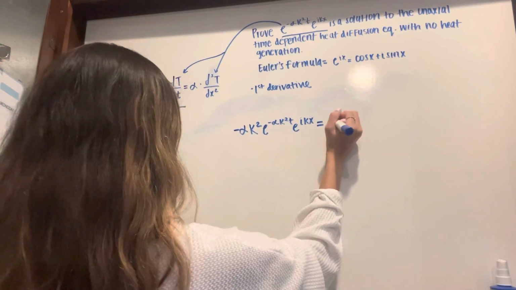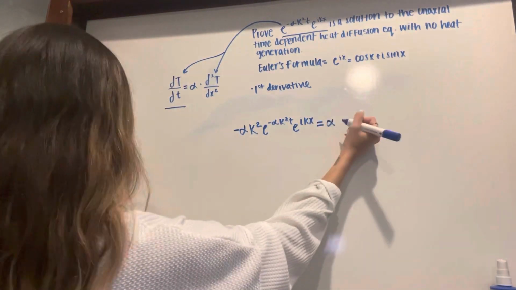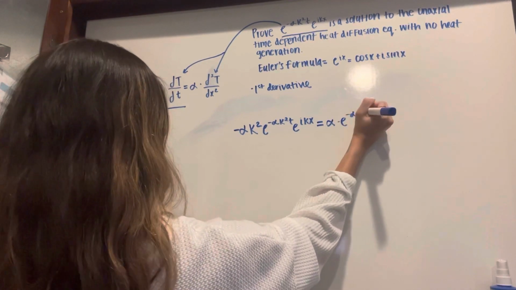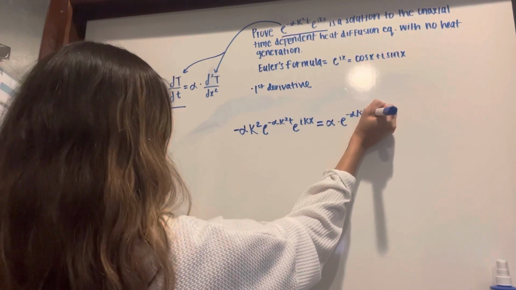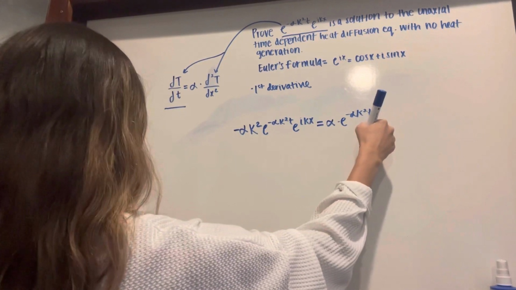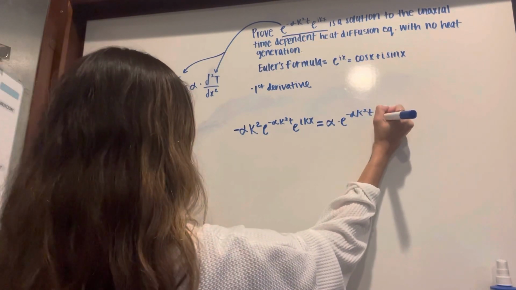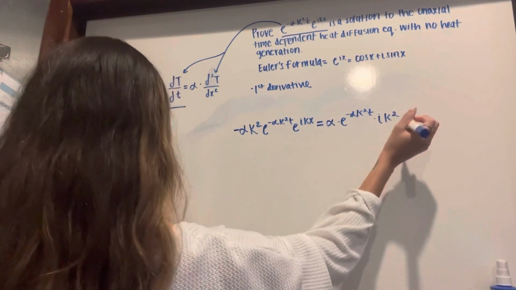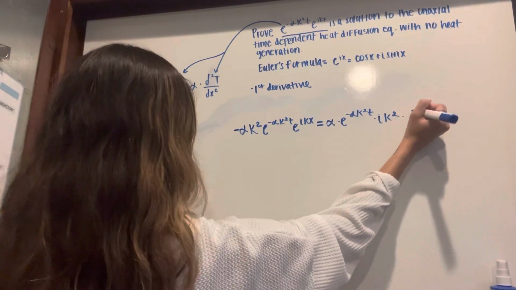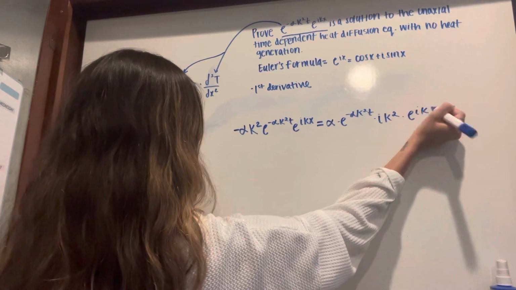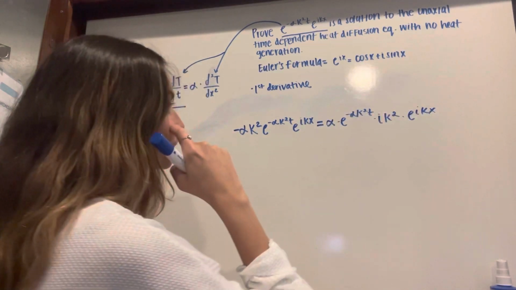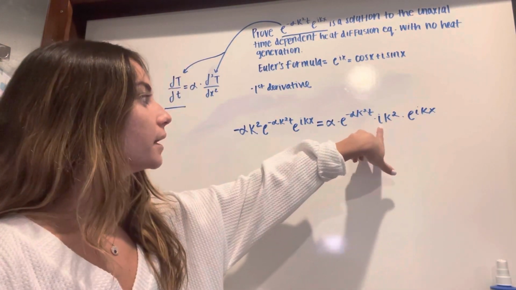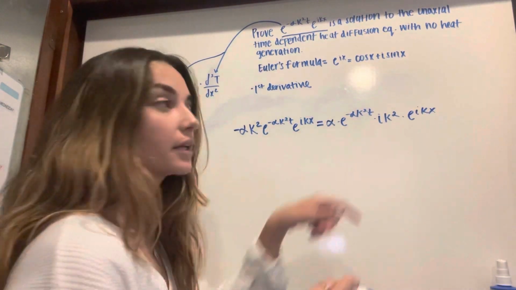That is going to be alpha times e to the negative alpha times k squared times our time, times i k squared, times e to the i times k times our position. And we have our imaginary number here, i squared, and that is just going to go to negative 1.